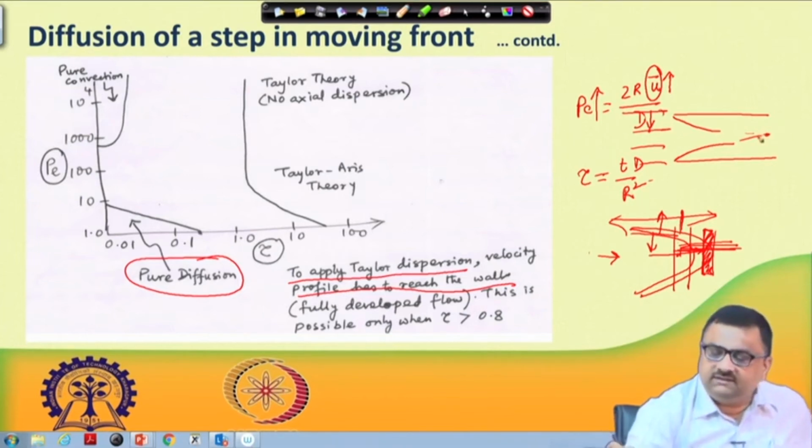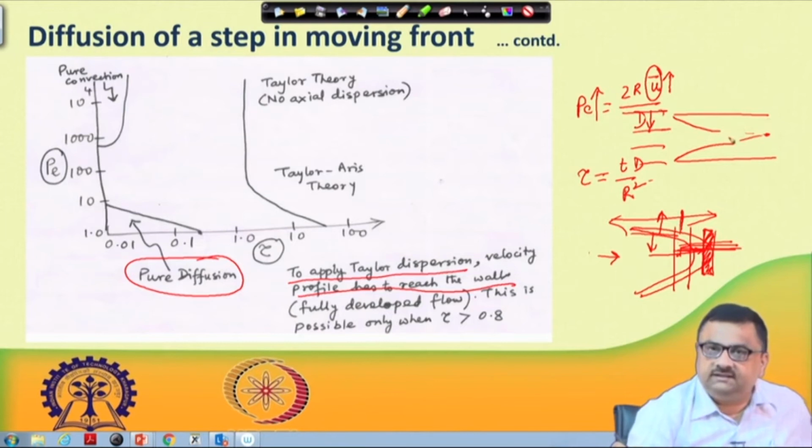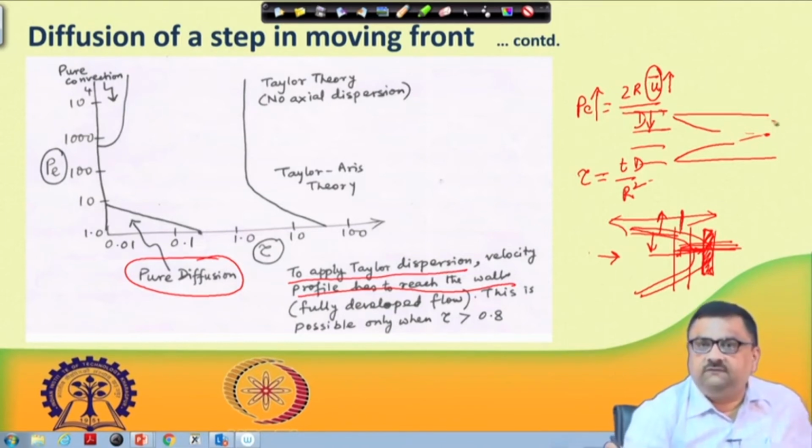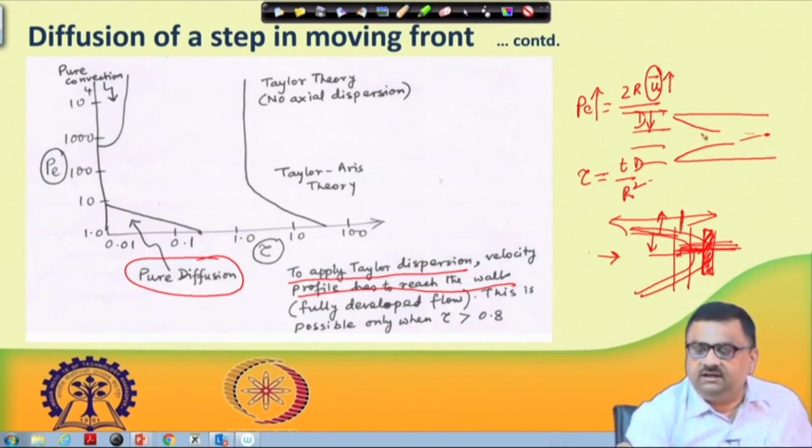So, one must provide that much residence time in that capillary for the flow to be fully developed, and if the flow is not fully developed, outside this boundary layer all the fluid is moving at the same velocity, right.